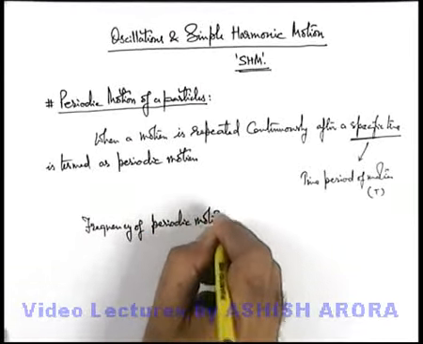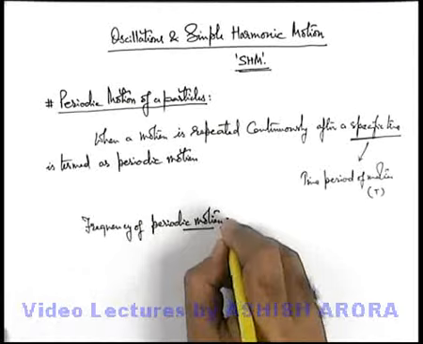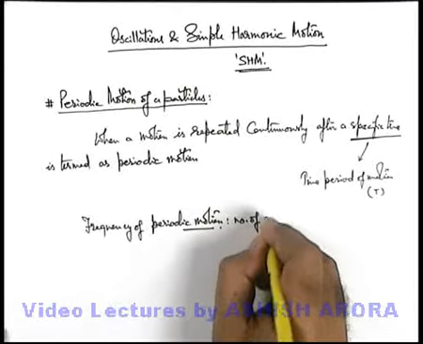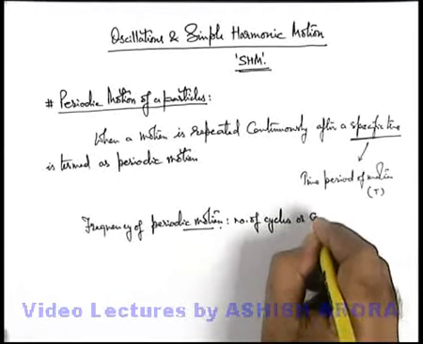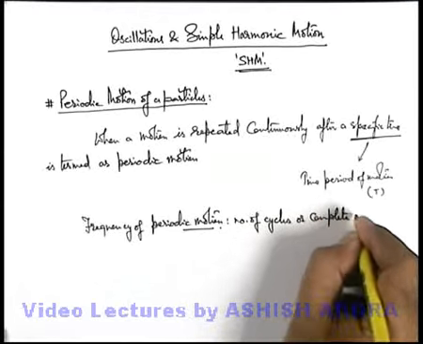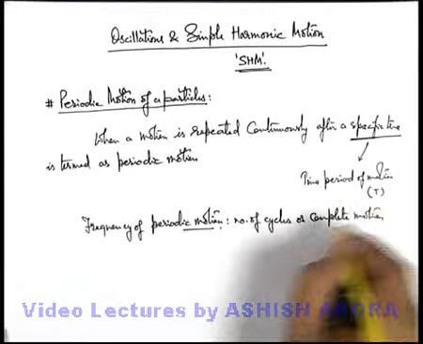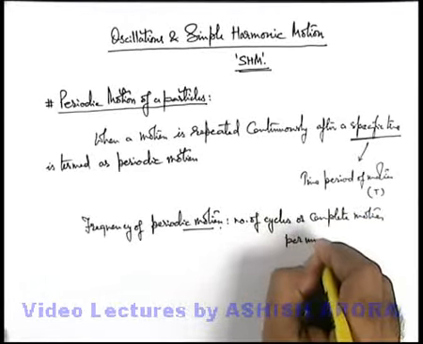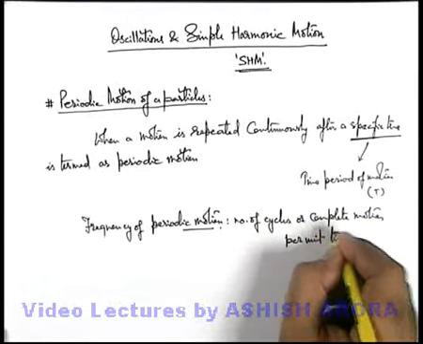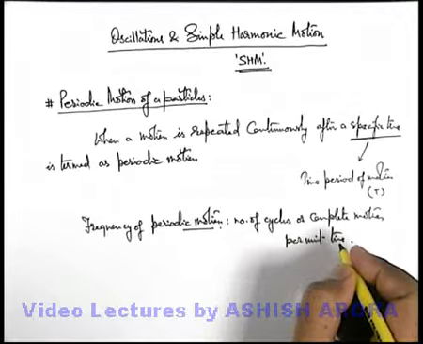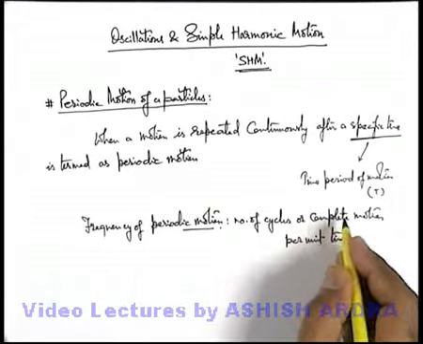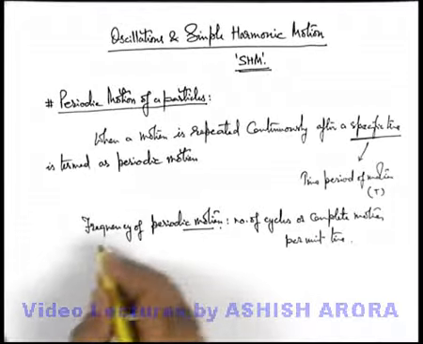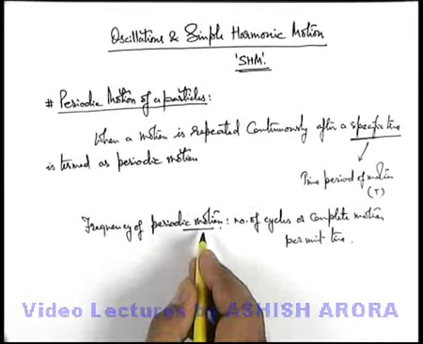For all kinds of periodic motion, frequency is basically the number of cycles or complete motions per unit time. In a unit duration, the number of cycles the particle performs, or the number of times the motion is repeating, is termed as the frequency of periodic motion.